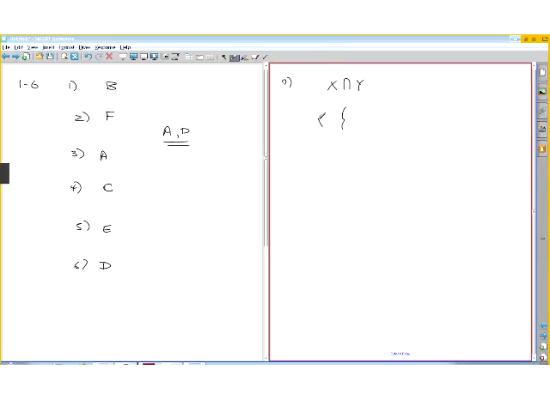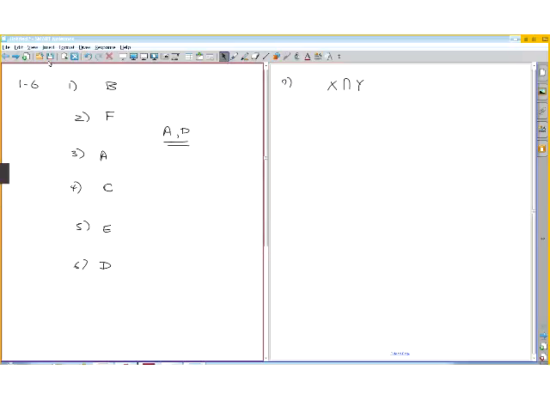So let's look at set X. Actually, what I'm going to do is add a page here, and then we can look back at these particular sets.